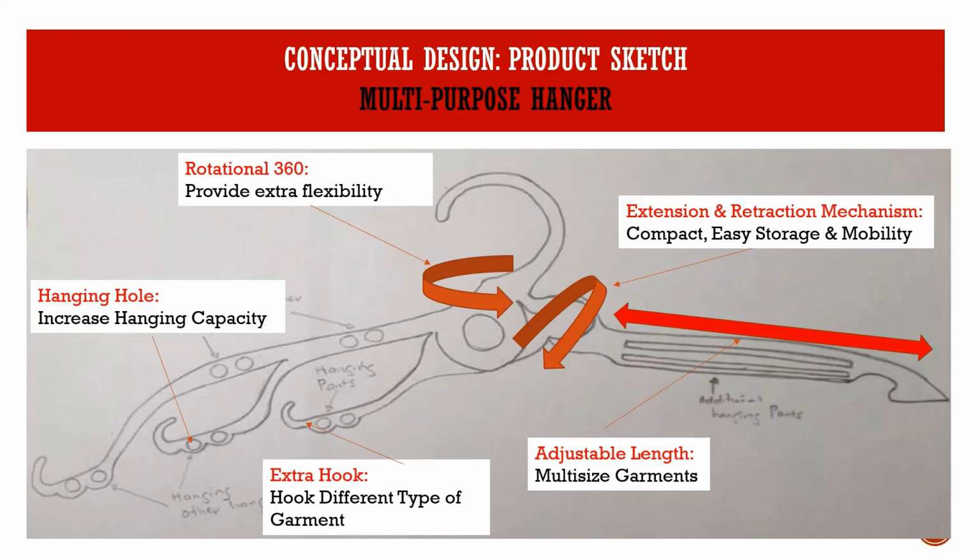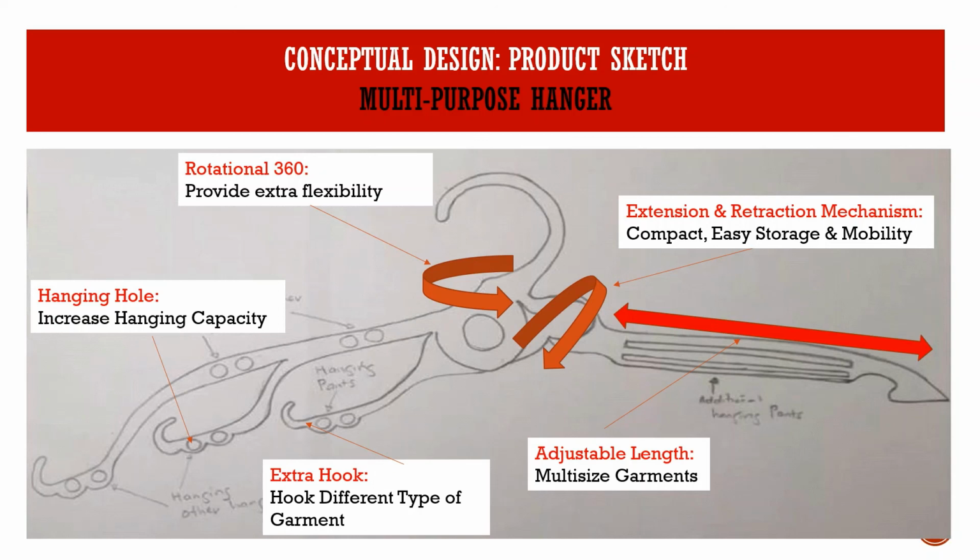Okay, so following the result from TOPSIS, we have come up with concept number 3, and here we are glad to present you the conceptual design. We can say a hand sketch of a multi-purpose hanger, which has been translated from the TOPSIS result. So the first one is a 360 rotation, which provides extra flexibility, you can see here, and a hanging hole, which can increase the hanging capacity.